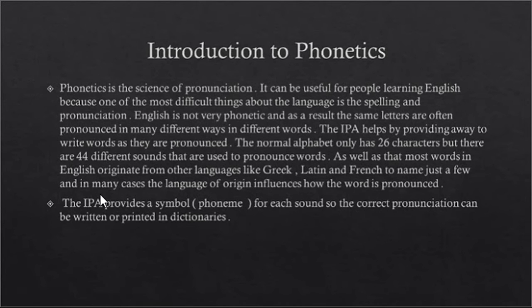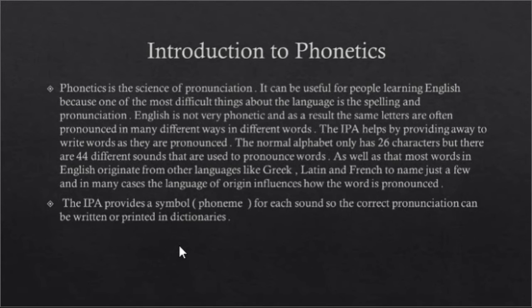Whenever you would like to know the exact pronunciation of any word, you look in the dictionary, and when you open the dictionary with the meaning, you will find the exact pronunciation.